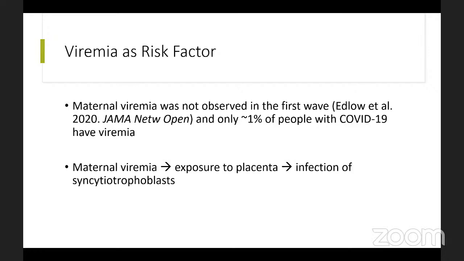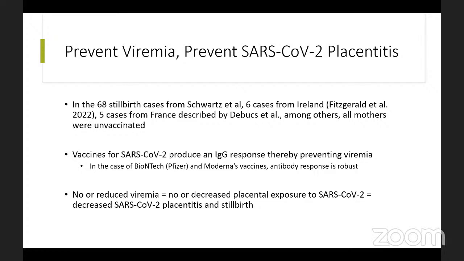In general, only 1% of people with COVID-19 are thought to be viremic during their illness. So it's theoretically possible that those rare instances of maternal viremia, as seen in the stillbirth study, are the reason SARS-CoV-2 can even get to the placenta. Maternal viremia leads to exposure of the placenta and ultimately infection of the syncytial trophoblast.